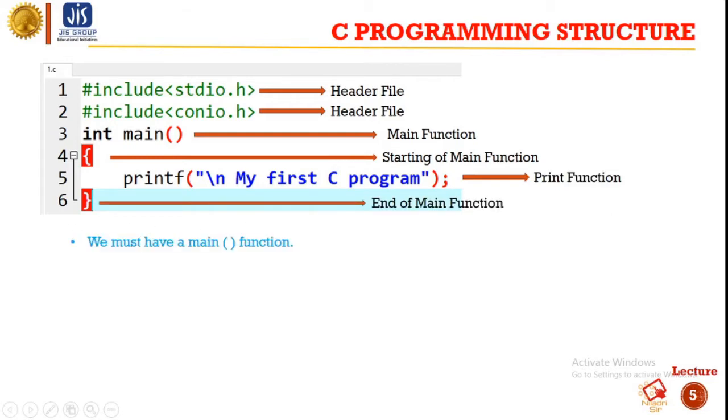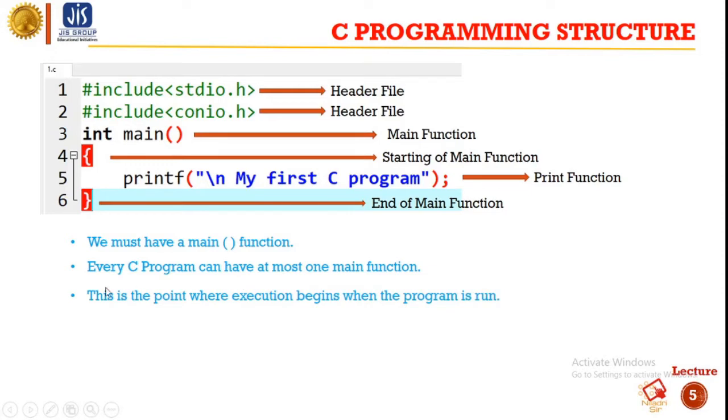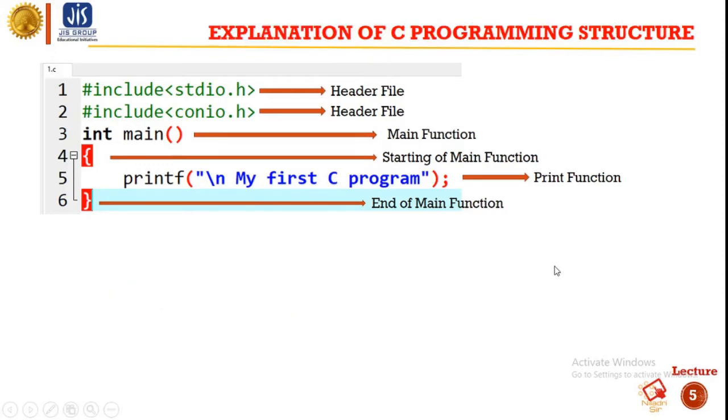Each program must have a main function because program execution will start from this main function. Every C program can have at most one main function; no C program has more than one main function. That means this is the point where execution begins when the program is run.